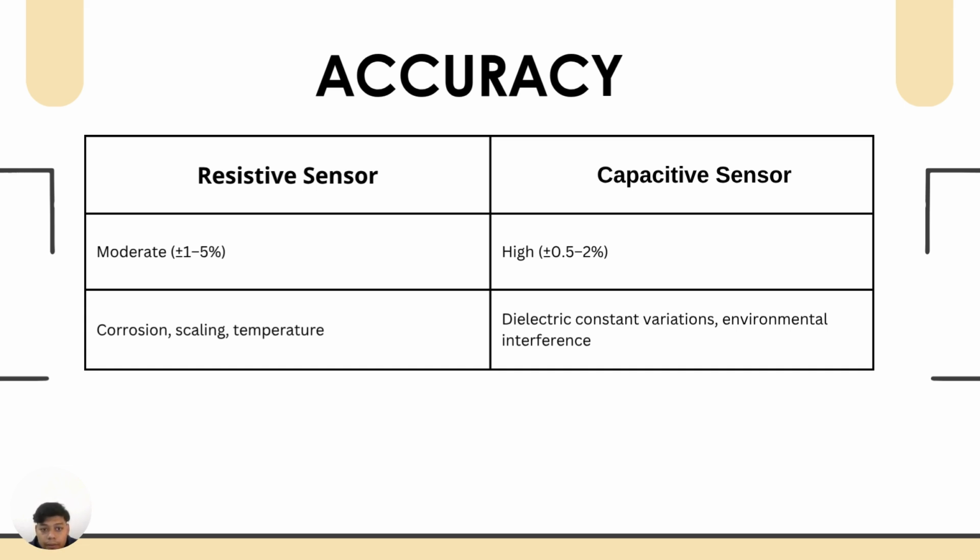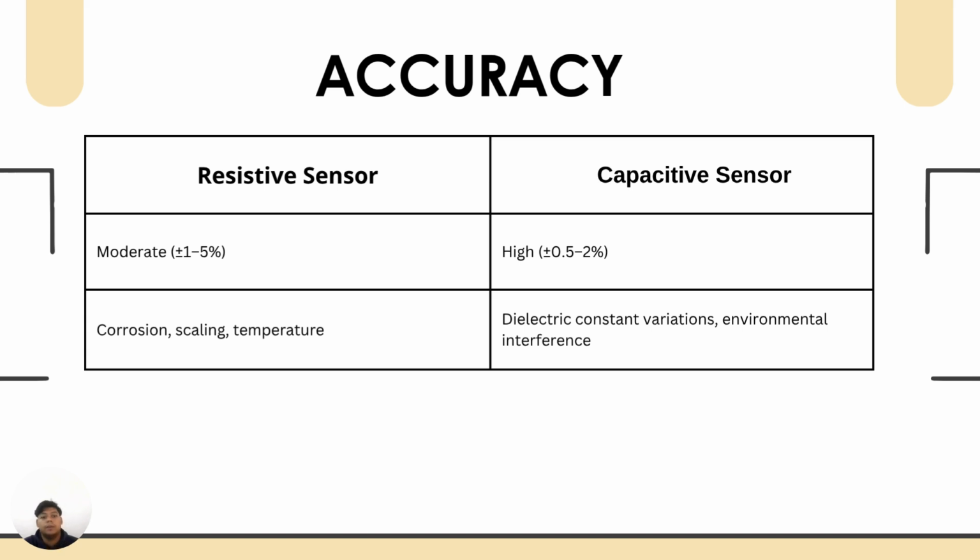However, they can become less accurate over time due to corrosion, scaling, or temperature changes affecting the resistance. Their sensitivity is also relatively low. They may not respond well to small or rapid changes in level, especially if the material is foamy, sticky, or leaves a deposit.